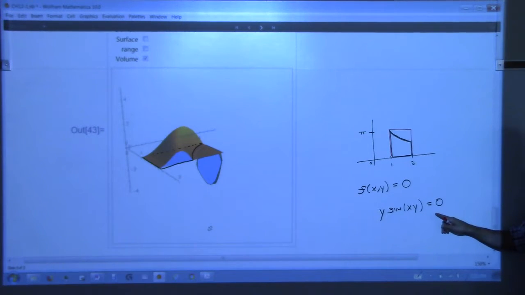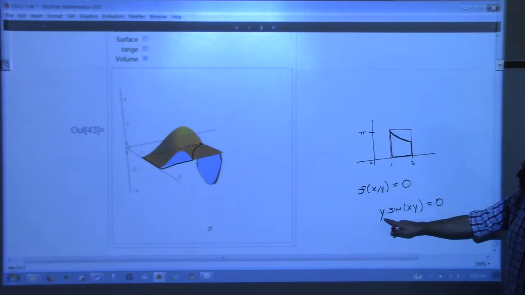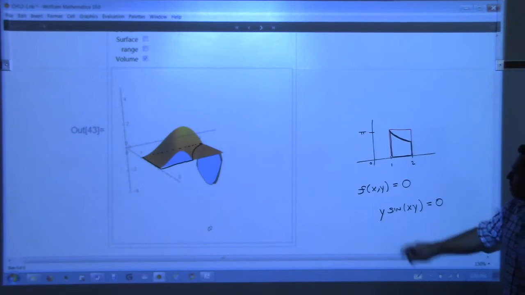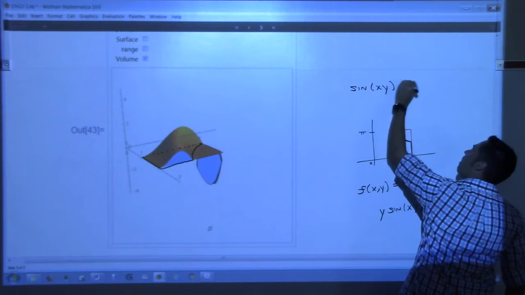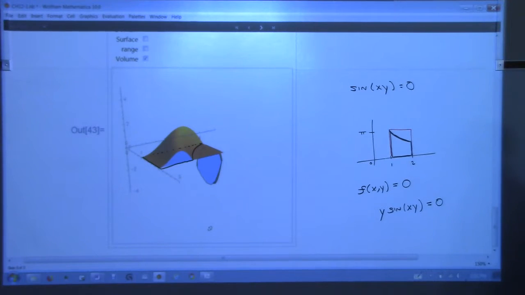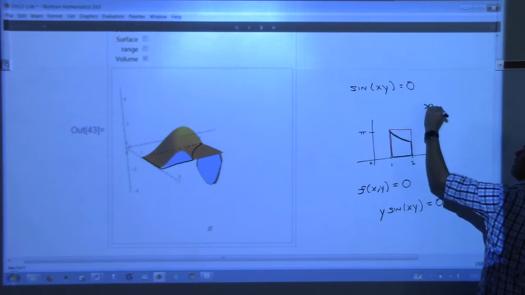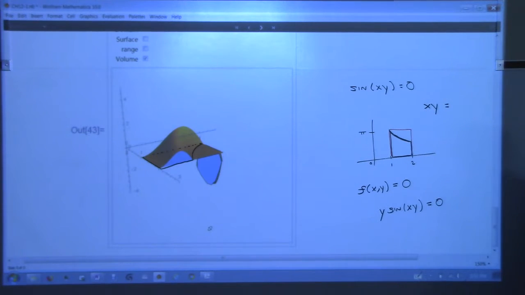I'd have to figure out what would make this 0. Now, of course, if y is 0, we're done, right? So really, I need to figure out where sine of xy is 0, which means that x times y has to be what? The inverse sine of 0. Any multiple of pi.